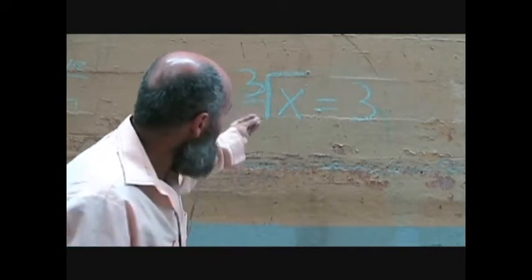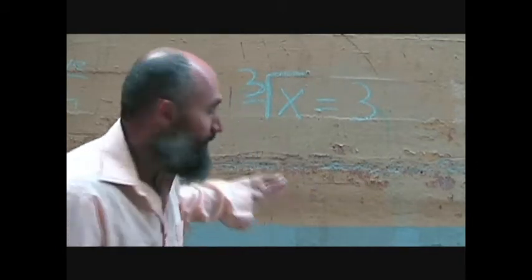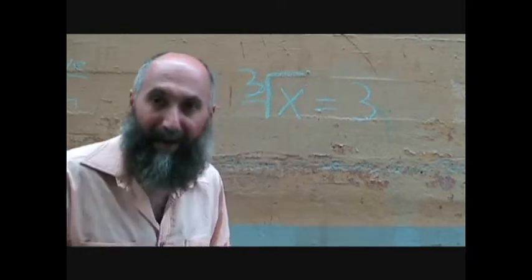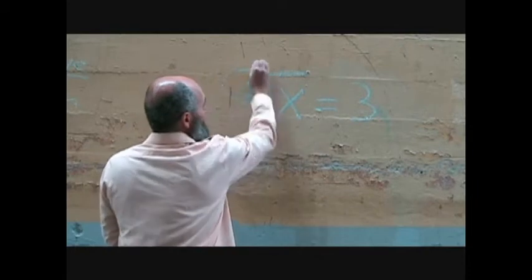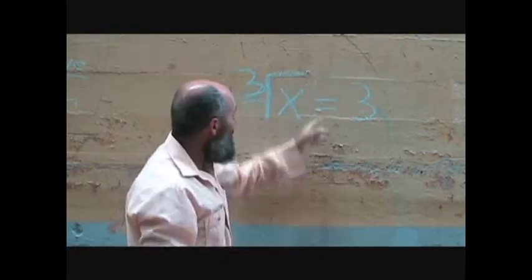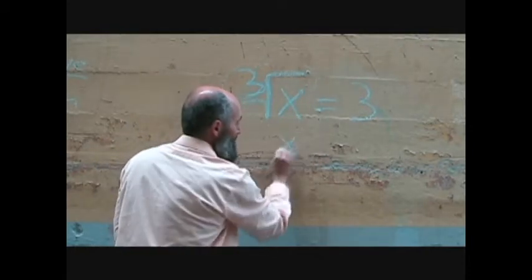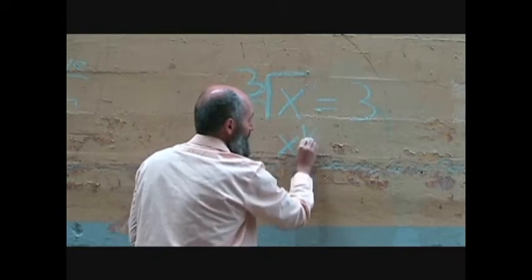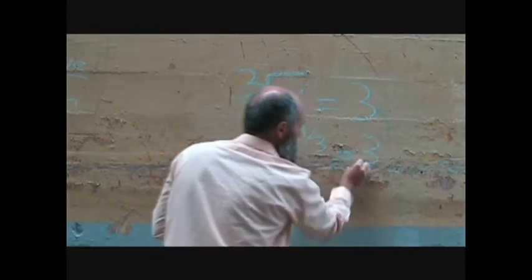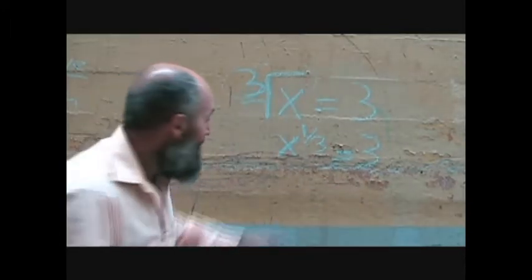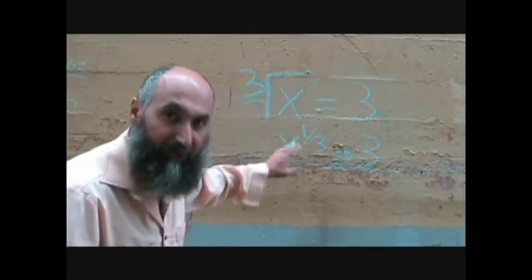Now, the simplest way to do this, if you're dealing with radicals, is to change them to powers, to change them to an exponent. You grab the 3, bring it to the denominator of the power, so this becomes x to the power of 1/3 is equal to 3. Now, you haven't reduced anything.